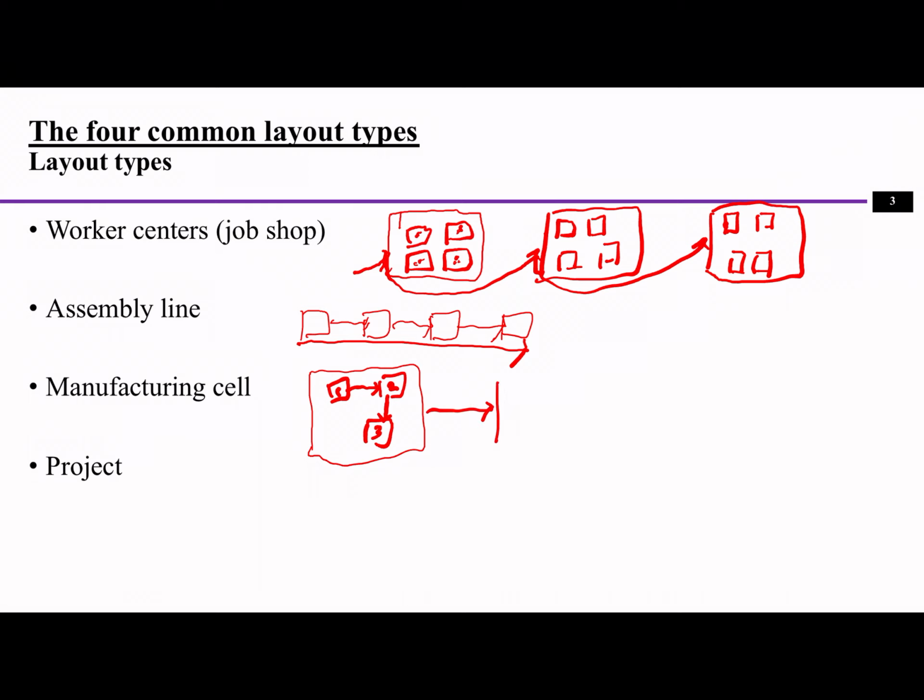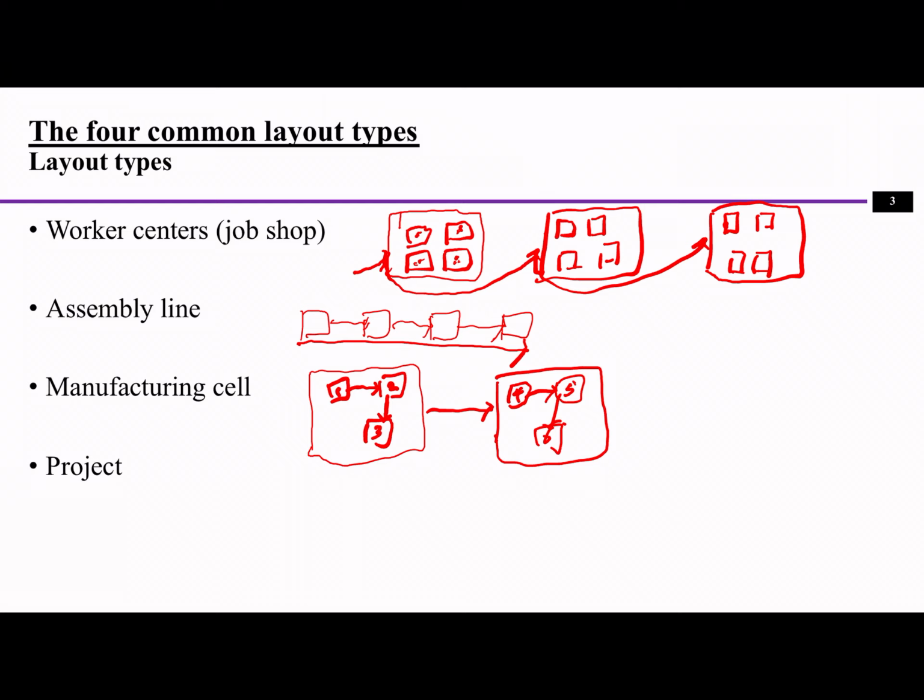And then after cell 1, they're probably going to move to cell 2, where we get another set of processes, maybe 4, 5, 6, to make another composite part. So this is a manufacturing cell layout instead of an assembly line.